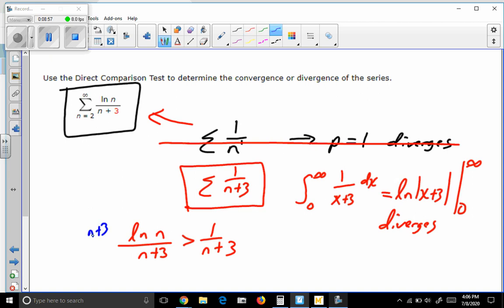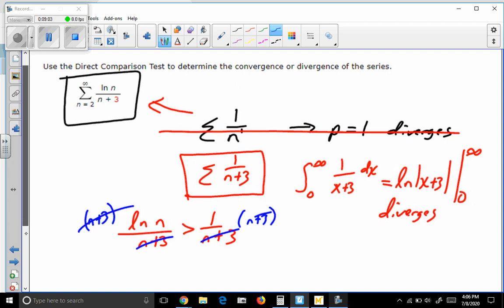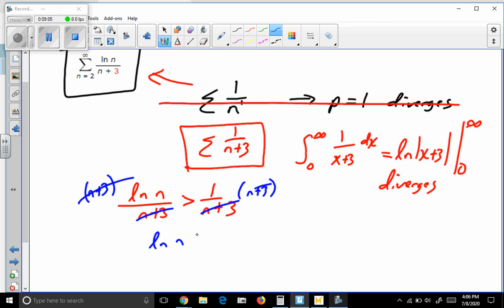Well, we can clear our fractions, and these are things that you need to show for the test. If you don't show your work, then I'm not going to know how you figured out that was a true statement. Whether you just typed it in your calculator, whether you're just guessing, maybe it's not a true statement. So you need to prove to me that this is a true statement.